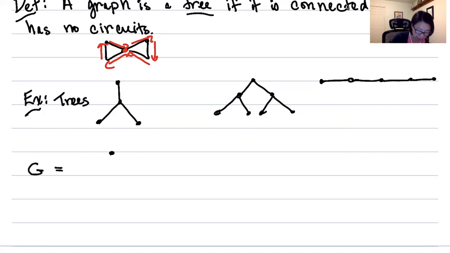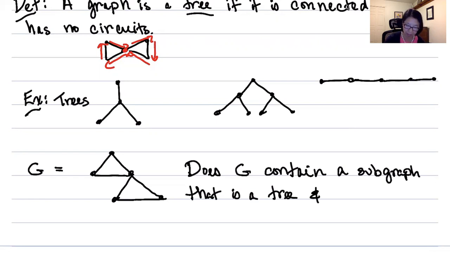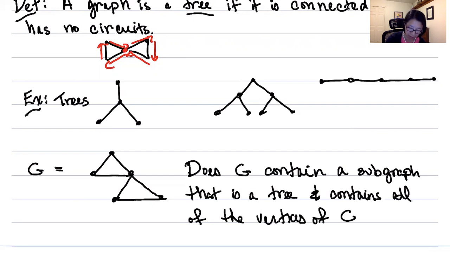Sometimes we'll have a graph that isn't a tree. So G maybe looks like this. So it's not a tree, but we'll ask, does G contain a subgraph that is a tree and contains all of the vertices of G?